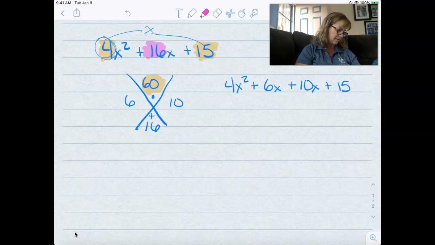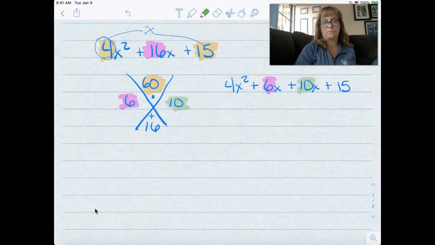Notice that I got this 6 went here, and this 10 went here. That's how I got those numbers. Now, you could have put it the other way as well, but what's going to determine which one you put first, whether you put the 6 or the 10, what's going to determine is our next step.